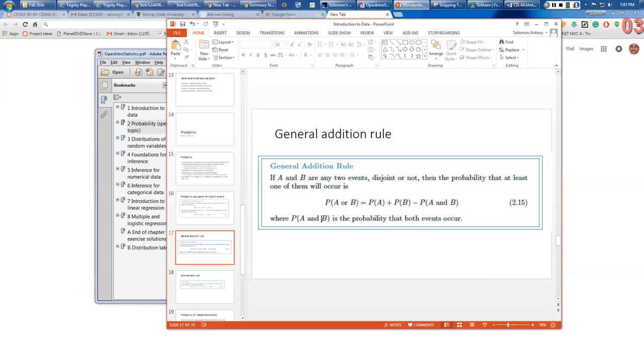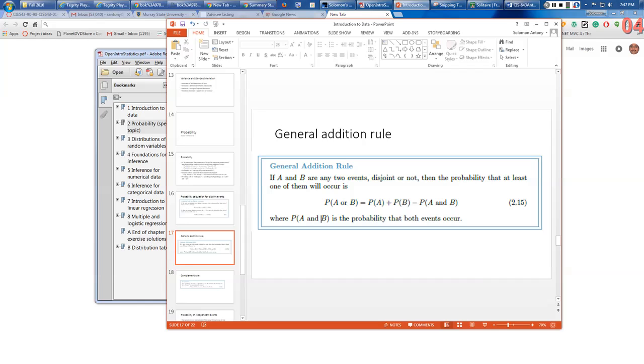Now sometimes there is another rule that you can apply. If there are two events A and B, whether they are disjoint or not, then the probability that at least one of them will occur, A or B, is given as probability of A plus probability of B, and from that you subtract probability of both A and B happening.